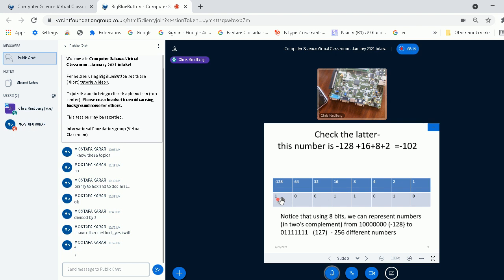And if you put a 1 here and a 1 here, you'd actually get minus 127 and so on. So if you had a 1 here and all these were 1s, which number would you have? Can somebody actually add 64 and 32, 16 and 8 and 4 and 2 and 1 together? Isn't it 127?